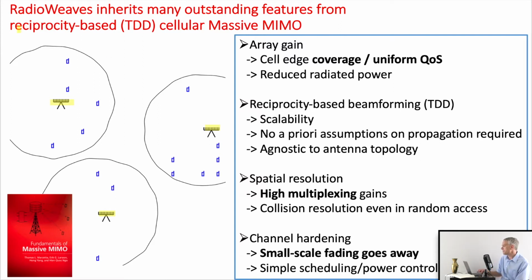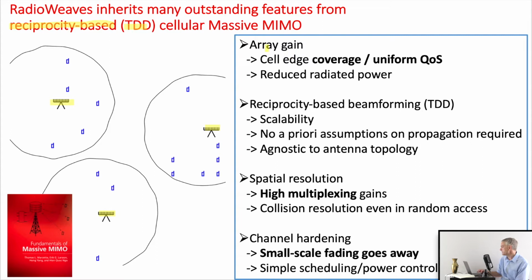And the preferred way of operation of cellular massive MIMO is in time division duplex, where we can exploit reciprocity of the uplink and downlink in order for the base stations to learn both the uplink and downlink channel response by measuring uplink pilots sent by the terminals.